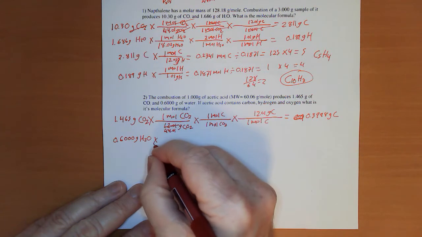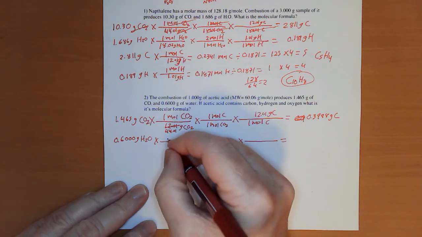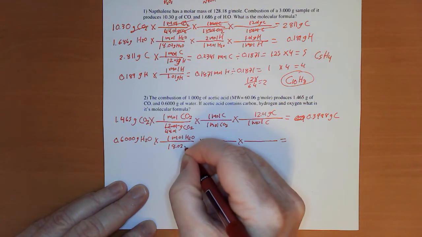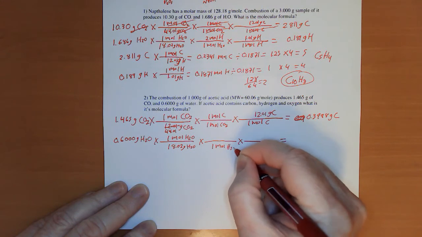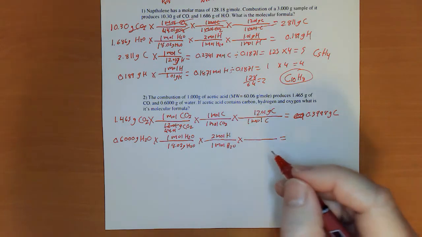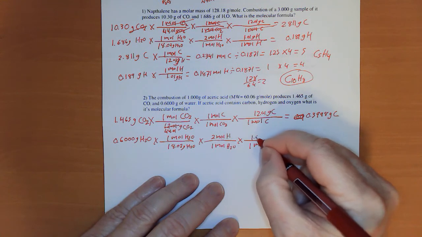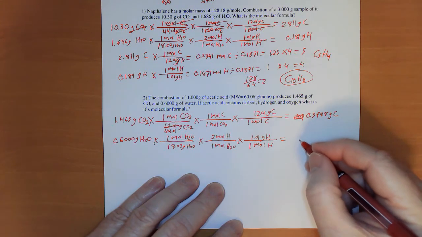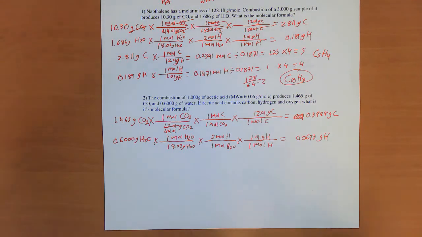Now for the hydrogen, it's 0.6000 grams of water times 1 mole of water is 18.02 grams of water. 1 mole of water is 2 moles of hydrogen, and 1 mole of hydrogen is 1.01 grams of hydrogen, and this time I got 0.0673 grams of hydrogen.